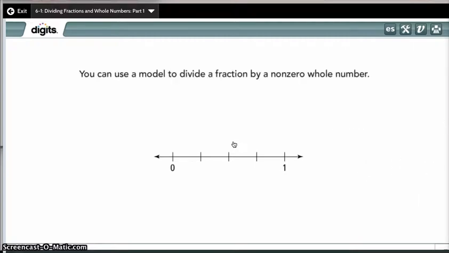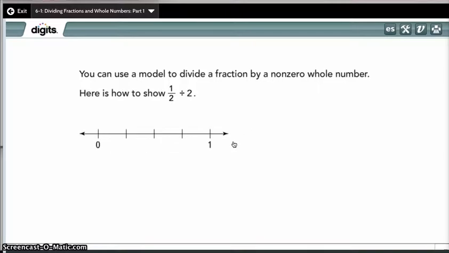You can use a model to divide a fraction by a non-zero whole number. Here is how to show 1/2 divided by 2. This number line is divided into fourths. You can use this number line to show 1/2 divided by 2.